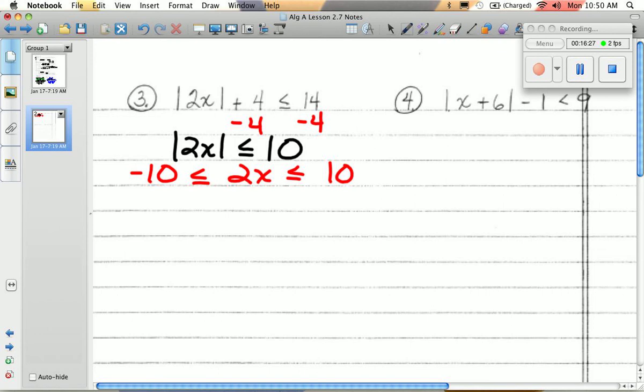Now you're ready to solve it. No, we're not. What do we do next? Now we have to divide by 2. Divide every region by 2. So -10 gets divided by 2. Take time to write this out. Don't just stick some fraction bars under that last line. -10 gets divided by 2. 2x gets divided by 2. And 10 gets divided by 2.